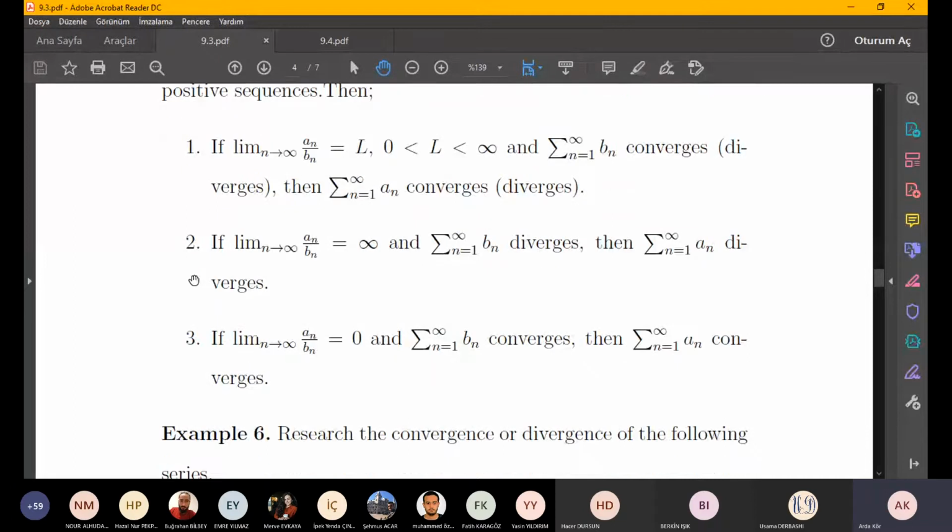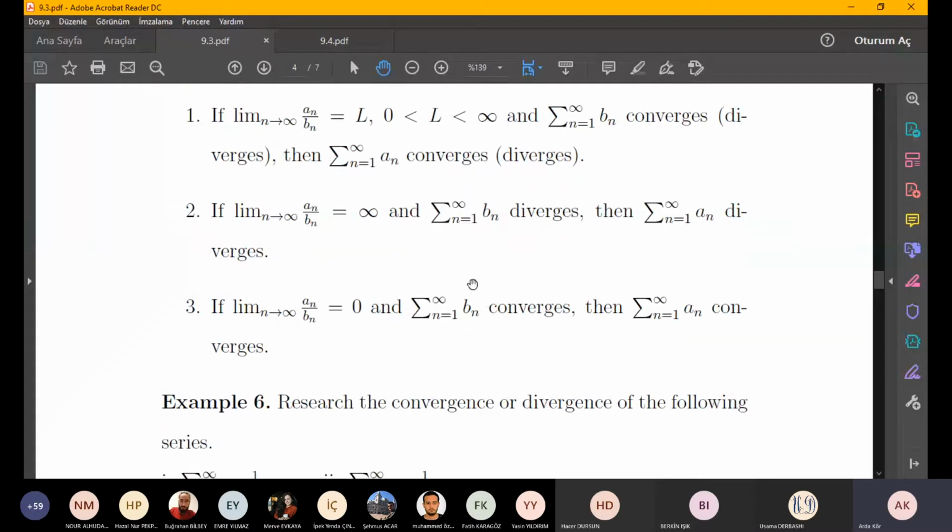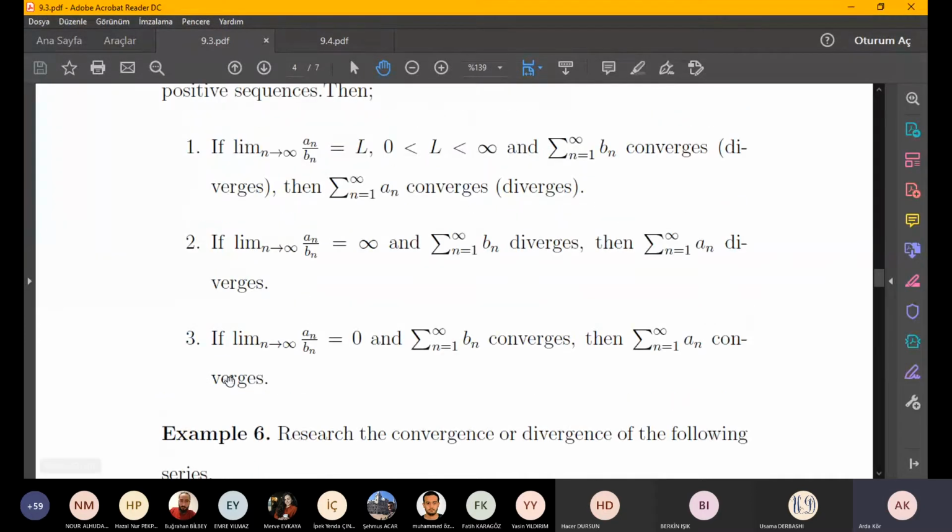And the third one, if that limit of a_n over b_n is 0, then if b_n is convergent, that gives your series a_n is also convergent. So you have these 3 conditions.